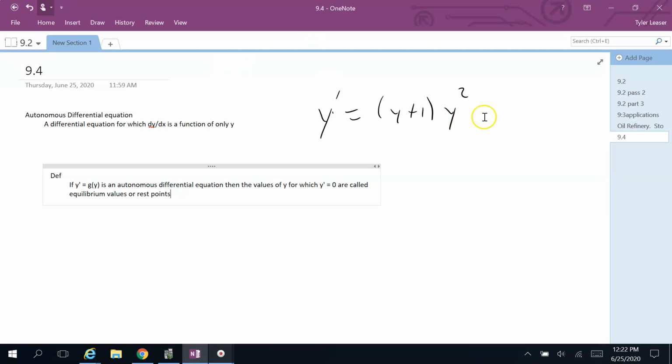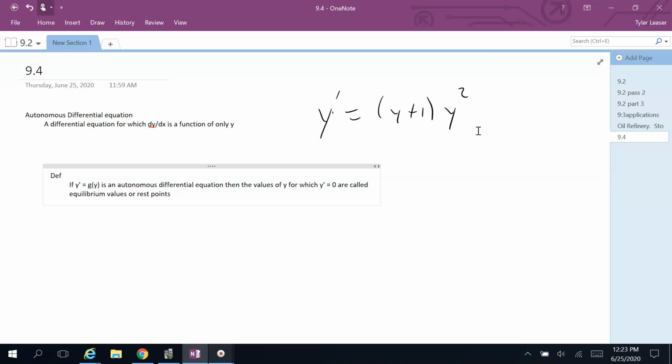So in other words, if you look at the right-hand side of a differential equation that is autonomous, meaning it only has y's in there, and you solve this for 0, these are what's called the equilibrium values or the rest points. As far as real-life word problems go, these are going to be the values that don't change.